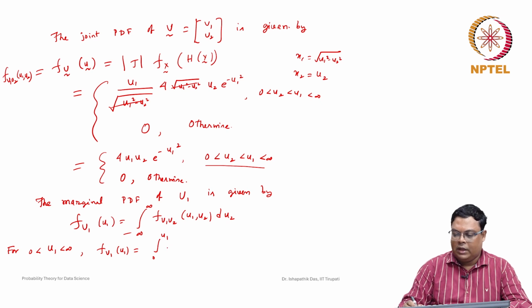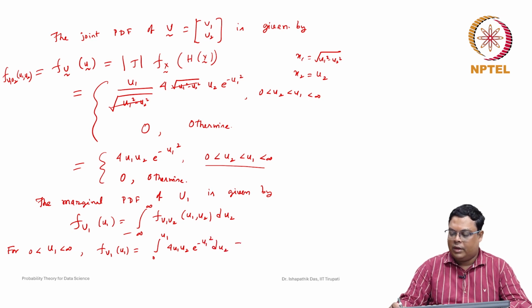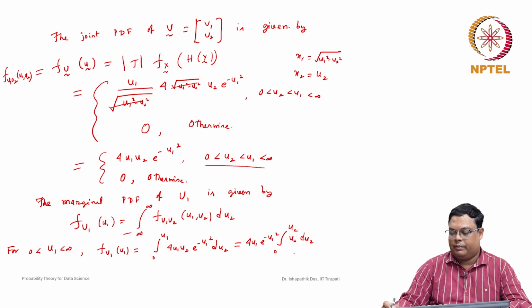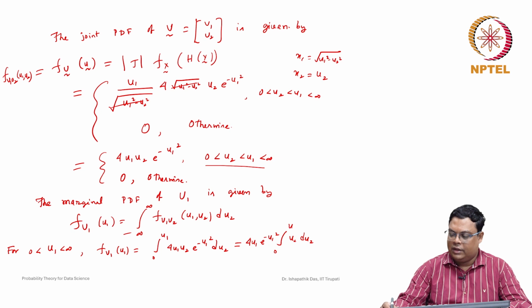This is 4 u1 u2 e to the power of minus u1 square du2. Since the integration is with respect to u2, 4 u1 e to the power of minus u1 square goes outside the integral, and then we integrate u2 du2 from 0 to u1.